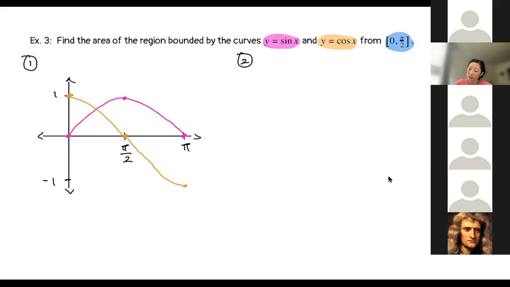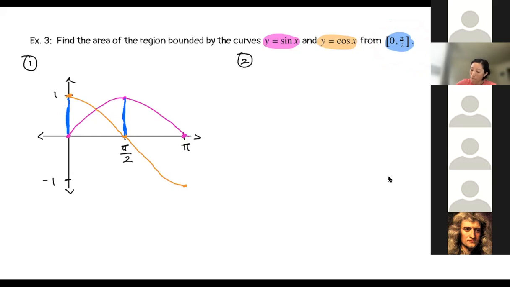And going back to the question, we know we only want to find the area from 0 to pi over 2. And so that means that we're going to start counting our area at 0, but we're going to stop at pi over 2, okay? Now let's draw some rectangles.